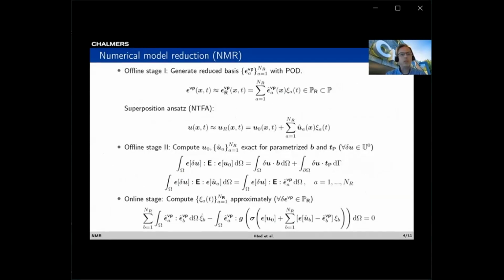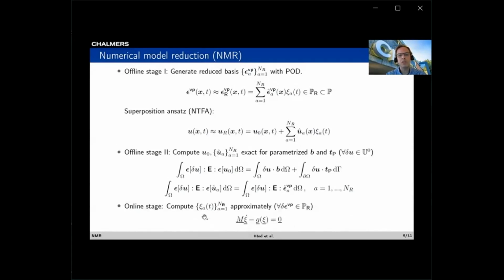Using the nonlinear, non-uniform transformation field analysis approach, we can solve for the displacement field exactly a priori by parameterization with respect to external loads and the adopted basis for the viscoplastic strains. Adding everything together and using a Galerkin projection, we get the evolution equations for the coefficients of the viscoplastic strain approximation.